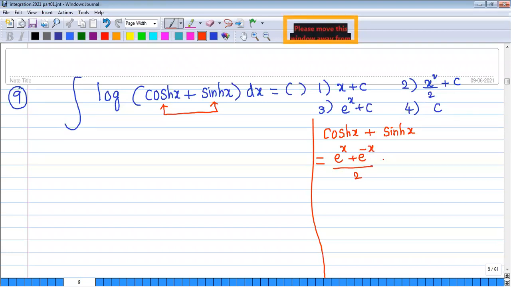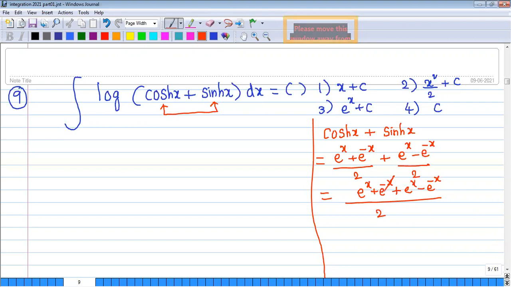Sin hx is e power x minus e power minus x by 2. 2 is the LCM. We have e power x plus e power minus x plus e power x minus e power minus x. So both will cancel out. We have 2 e power x upon 2. So that will be e power x.